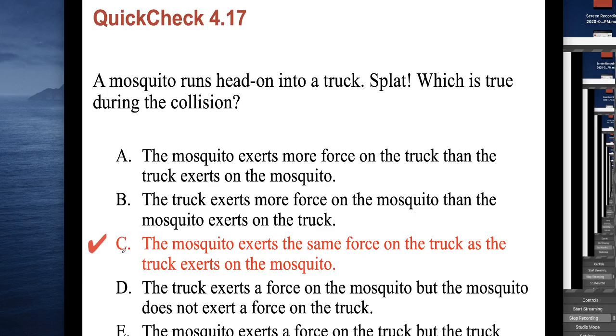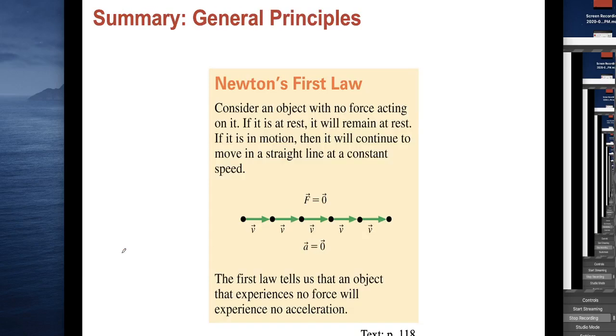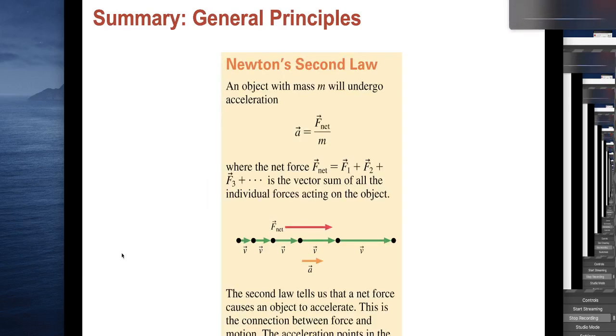Okay, so that's everything about chapter 4. So here's a summary of the entire chapter. In chapter 4, we have learned three Newton's laws. The first law tells us if the net force is 0, then an object should be in uniform motion, or it should be at rest.